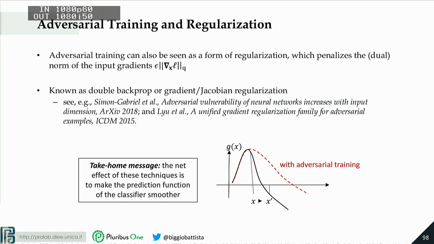And if you want to see it in terms of sensitivity, what happens is that you are decreasing the local sensitivity of the function around the training points. And that's why the classifier becomes more robust. Okay, of course, the important thing is that this notion of sensitivity has to be related to the kind of noise that you have. So you have to smooth the function in a proper way. It's not enough to smooth it according to any regularizer.